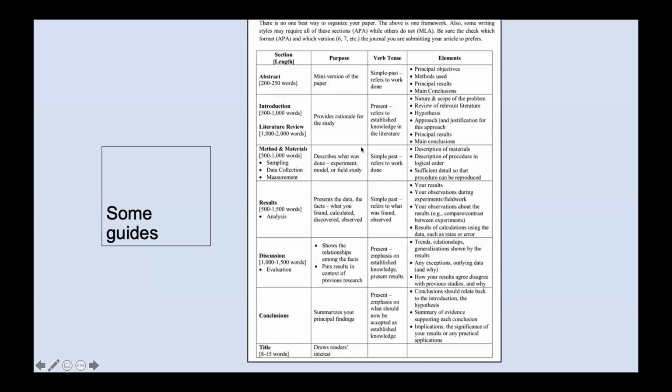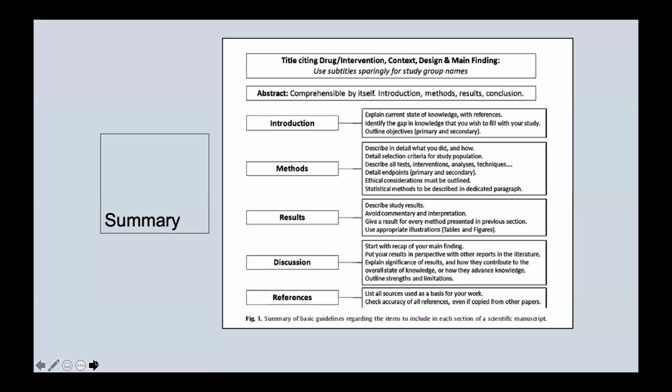Later on I can share these slides and you can go through the guides for articles that may assist you in writing up a manuscript for publication. This covers introduction, method, result, discussion and references, and at the end there is the abstract, which is comprehensive by itself. It must be concise and contain introduction, method, result, and conclusion.